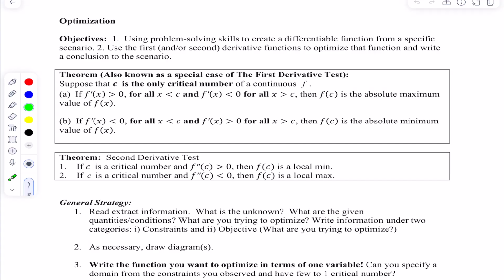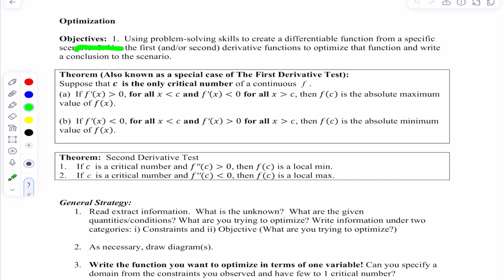In differential calculus, we need a model that is differentiable, and we're hoping to seek that absolute min or that absolute max that will give you the answer to your optimization problem. This leads us to further our usage of the first derivative test and the second derivative test.